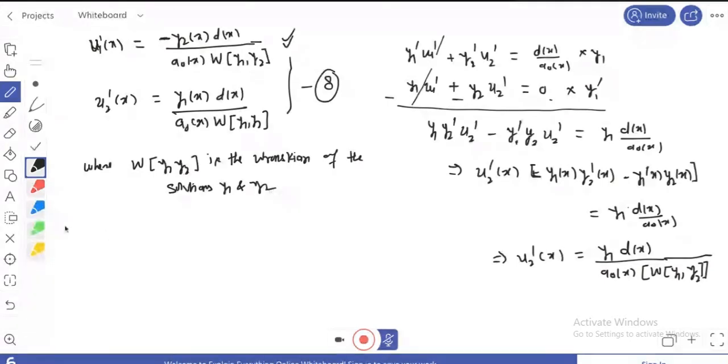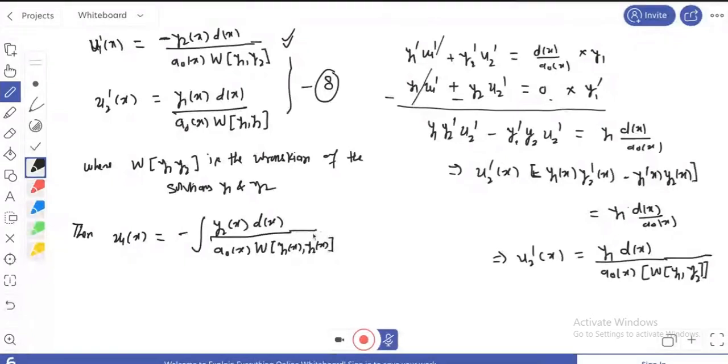We are interested to find what the function u is. So u1 x equals, if we integrate, y2x dx over a naught x times the Wronskian of y1x, y2x, and this is differentiated with respect to x.